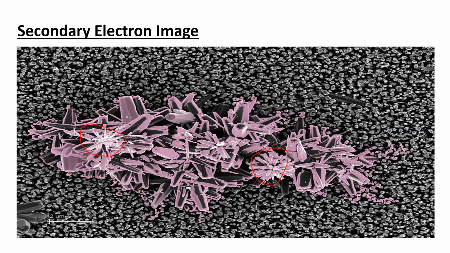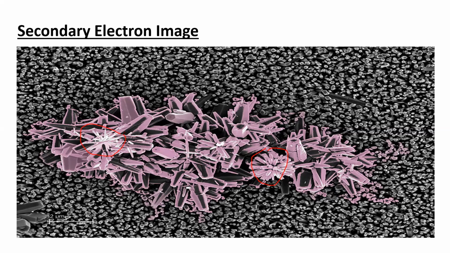Secondary electron images show the surface features of the sample and therefore look three-dimensional.